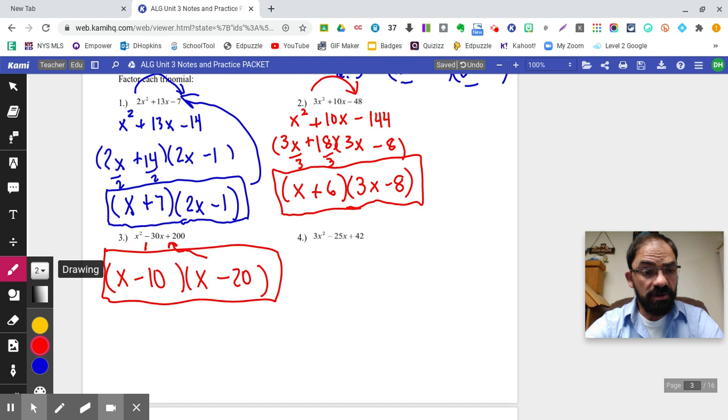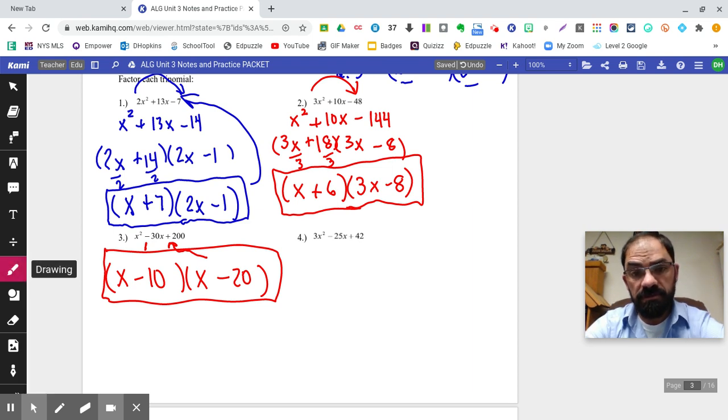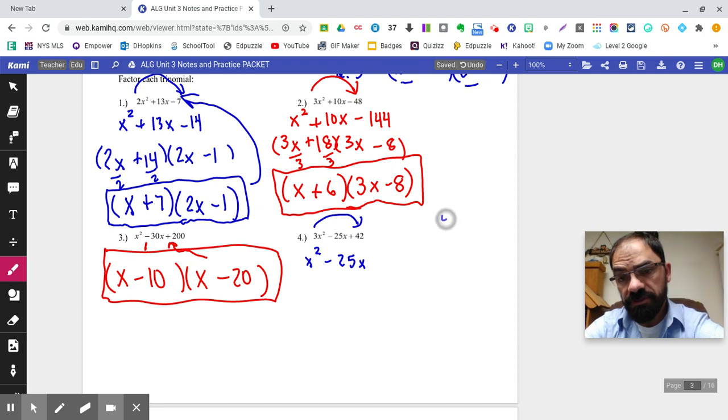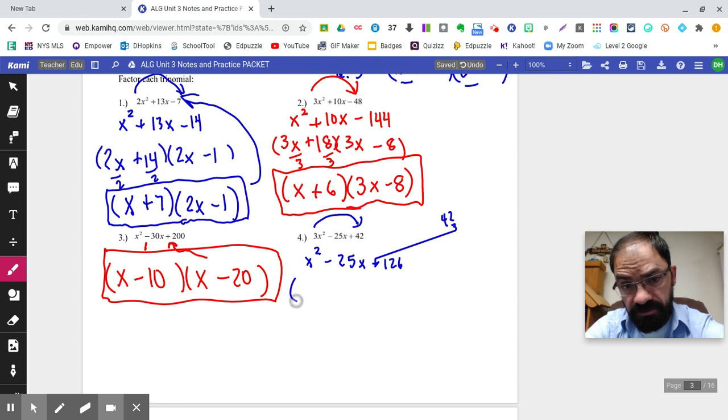Okay, last one. Multiply to the end. 42 times 3 is 126. So I've got 3x, 3x.